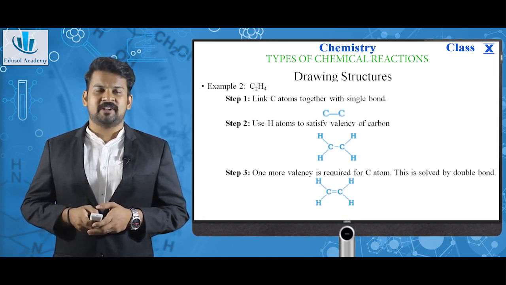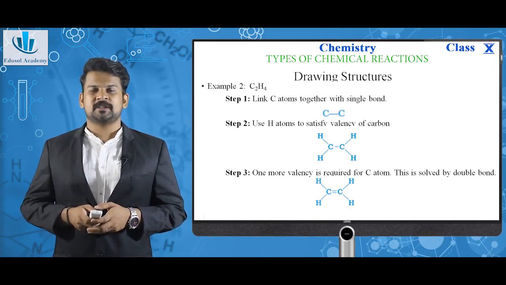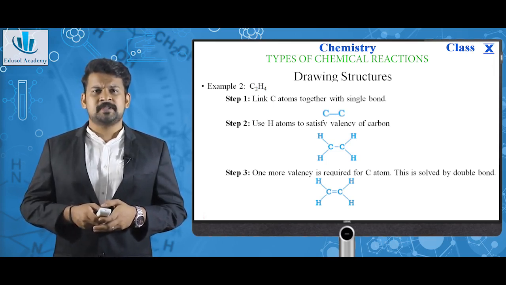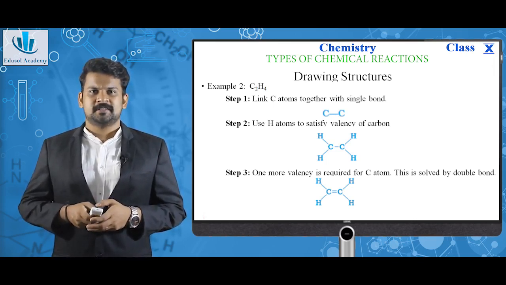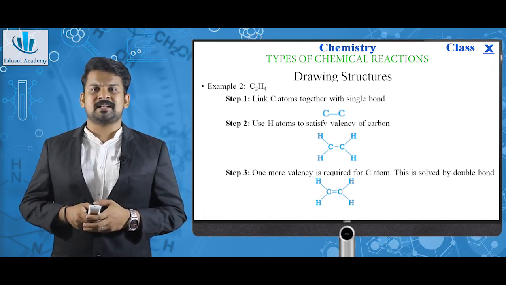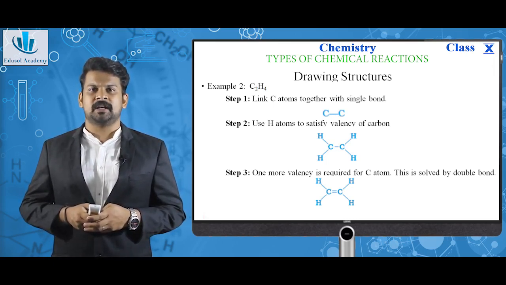Now let's look at another example. Ethene. The general formula being CnH2n, C2H4. Just as we said, we do the single bond first, linking carbon atoms with a single bond, C, single bond, C. There are 4 hydrogen atoms. We are using the hydrogen atoms to satisfy the valency of carbon. We are placing the hydrogen atoms around the carbon atoms.